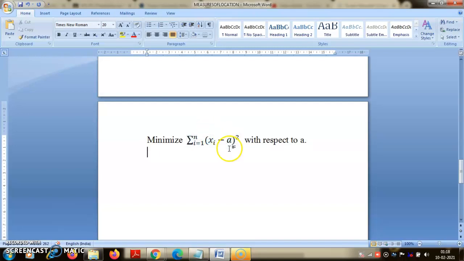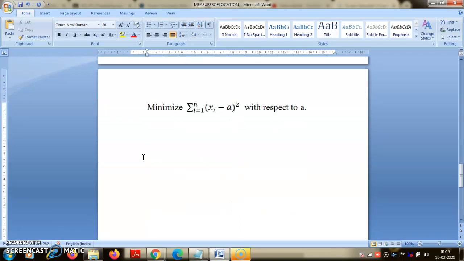We call it square deviations because we take any number a, take the deviations from xi, square them and add them. The mean is that number which minimizes this sum of square deviations. That is one importance or interpretation of the mean.